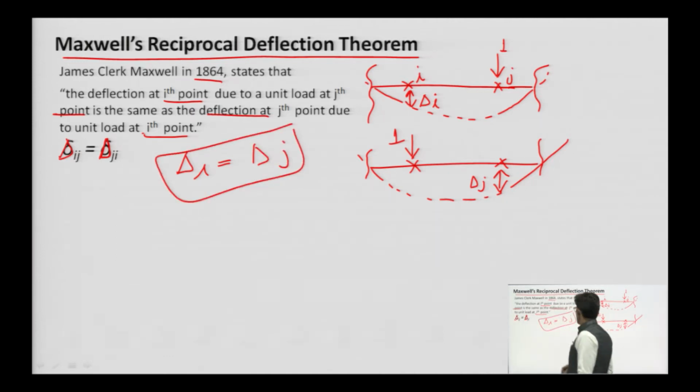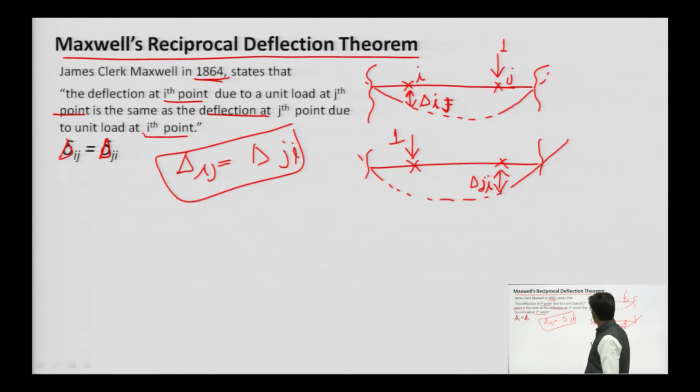Delta i j is the displacement at i due to a unit load at j, and delta j i is the displacement at j due to a unit load at i. So, delta i j equals delta j i. This is Maxwell's reciprocal theorem that was proposed in 1864.